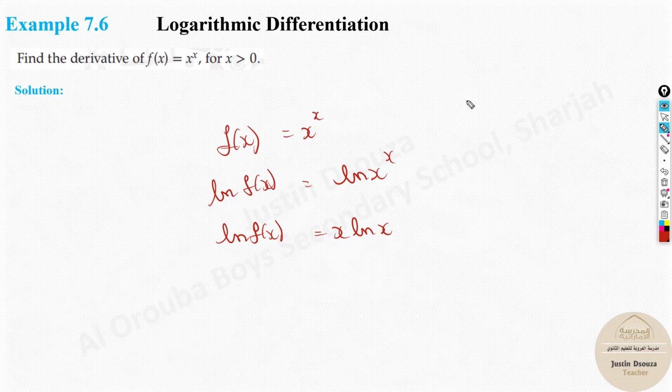Now differentiate on both sides, because on both sides there is no f dash yet, there's only the function f of x, the given function.